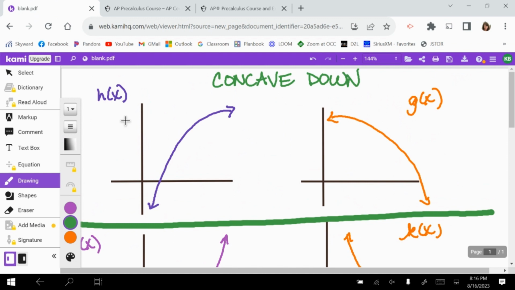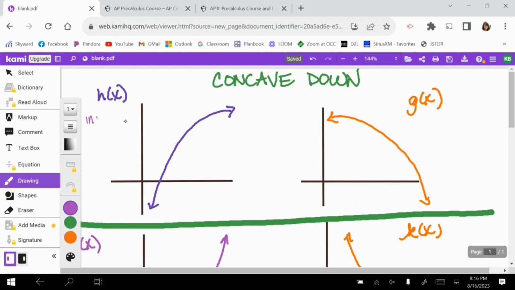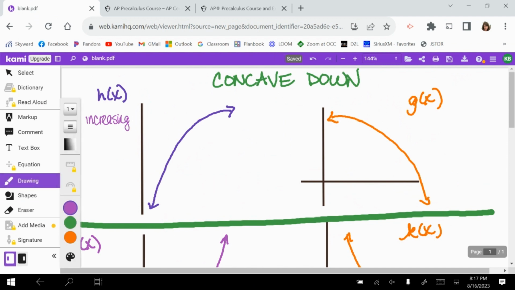A function is increasing when, as the input values go up, the output values go up. In our AP Precalculus course, we want to get away from referring to things as x and y and start referring to them more as inputs and outputs. There we go.